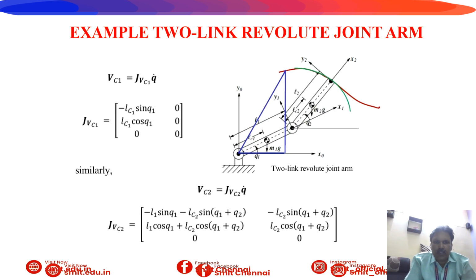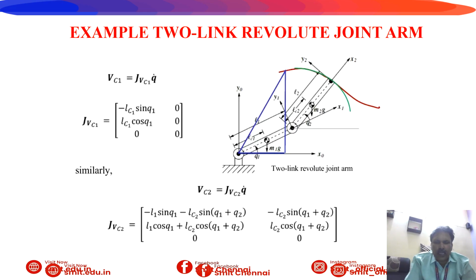Now we can see VC1 equal to JVC1 Q dot. In the Jacobian matrix we have seen this. That represents Jacobian matrix, that is JVC1 equal to minus LC1 sin Q1, LC1 cos Q1, 0, 0, 0, 0.